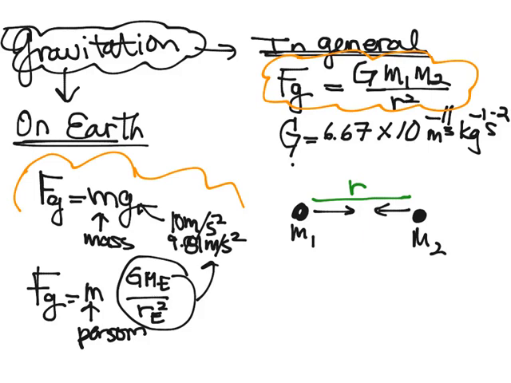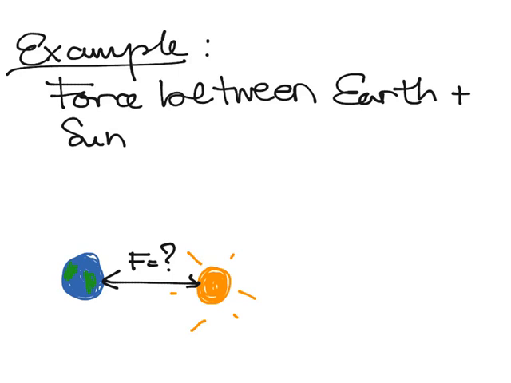It's always, always true. Now we're going to do an example, and you are going to calculate the force between the Earth and the Sun. I'm not just going to provide you with the numbers. You need to get used to being able to look numbers up.